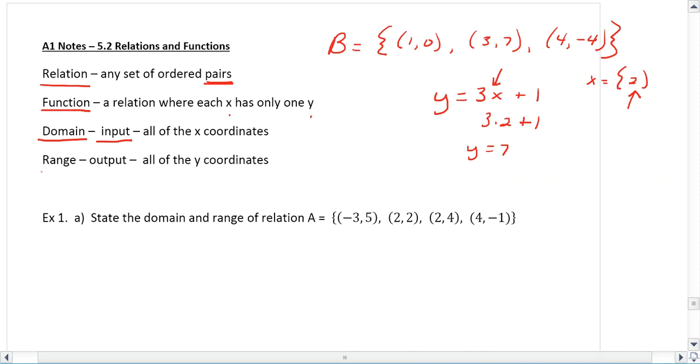The y, the range, is the output. So an ordered pair that would work for this equation is (2, 7). Because 2 was the x, that was the input. Y is the result of the math that we got from putting the 2 in. And so the y is the output. So you need to find a way to remember that the domain is all the x's and the range is all the y's.